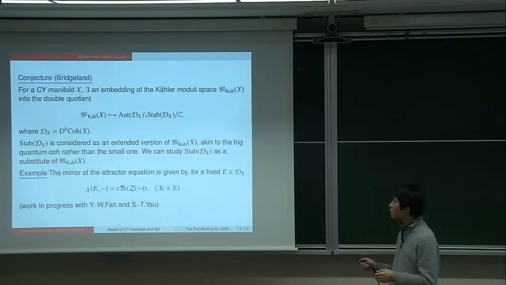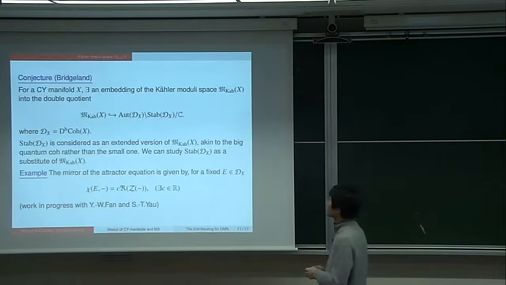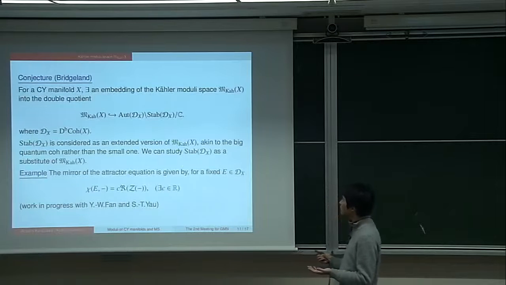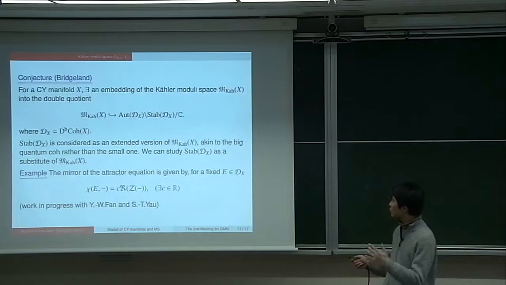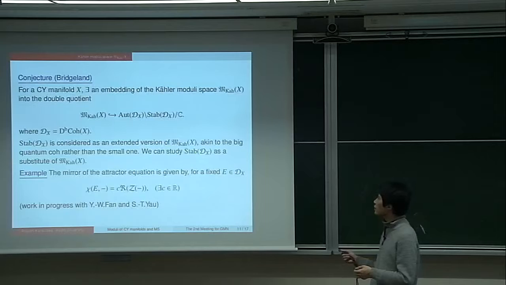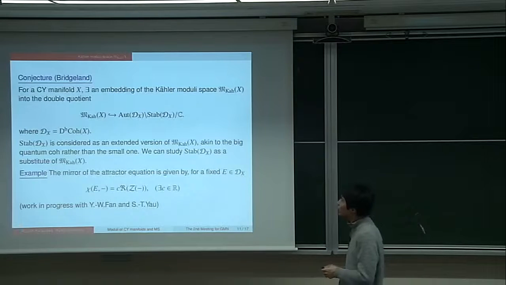So instead of working on this, we can work on a better ambient space. So Stab is an extended version of the Kähler moduli space. It's similar to the relation between small and big quantum cohomology. So we can study this space as a substitute of the Kähler moduli space.